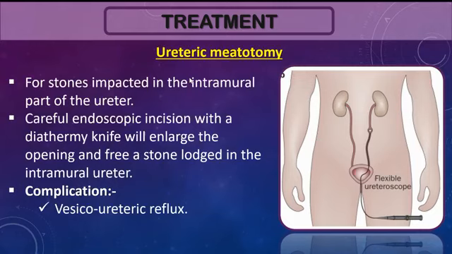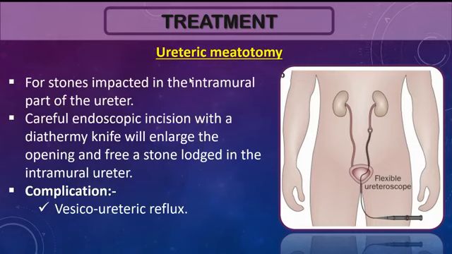A complication may develop, which is called vesico-ureteric reflux. We know the ureteric opening is in the trigone, and the external part enters obliquely inside the muscles of the urinary bladder and goes obliquely into the corner of the trigone. That obliquity prevents vesico-ureteric reflux.